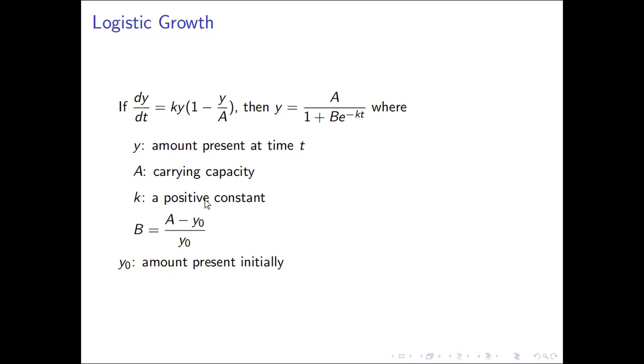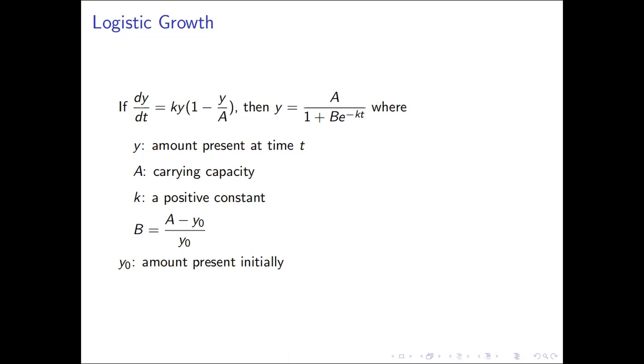K is some constant that is positive, since the population or whatever quantity in consideration is growing or increasing. And B is given by the formula (A minus y naught) all over y naught, where y naught is the initial amount present at the beginning of time, that is, when t equals 0.